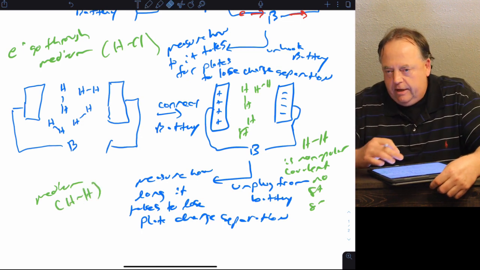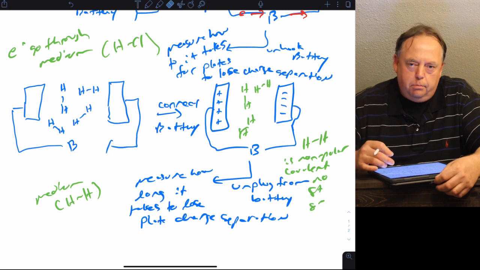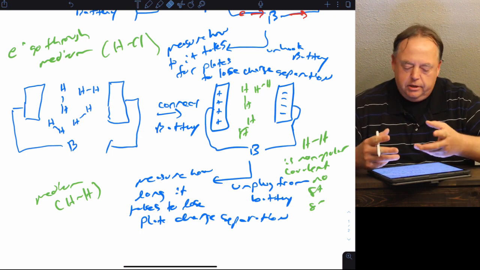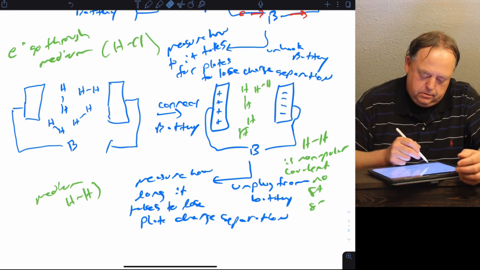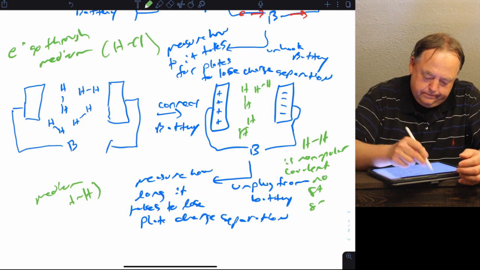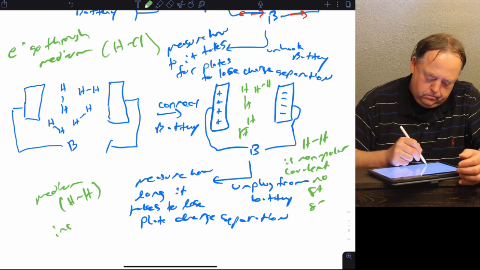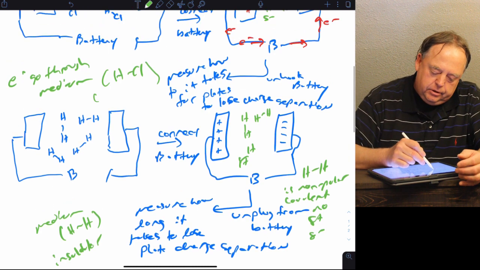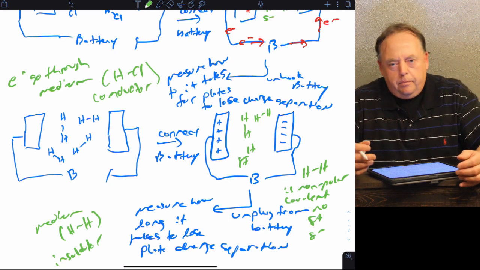And since H2 molecules are not attracted to the plate, they're basically going to act as an insulator. Whereas the HCl molecules would act more like a conductor because they're very polar.